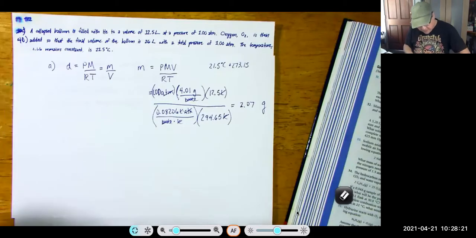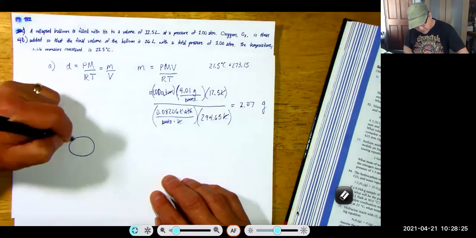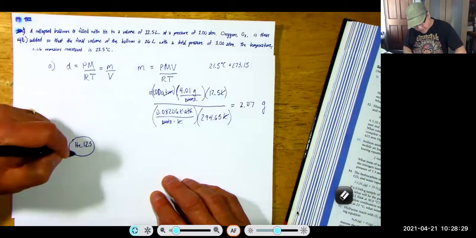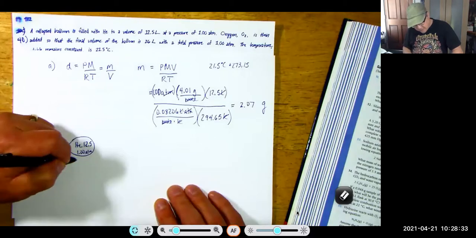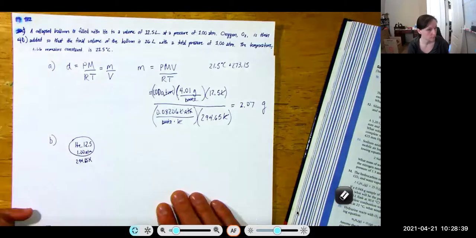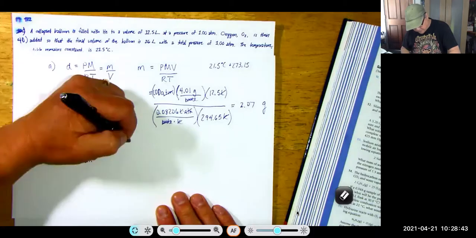So for B, we originally have a helium balloon with 12.5 liters at 1 atmosphere and 294.65 K. Now we add oxygen and we've got a bigger balloon.